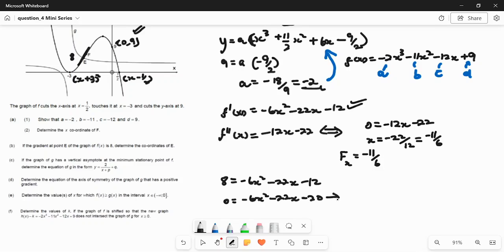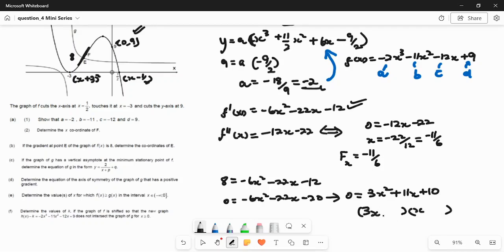Just to simplify this, I'll divide everything by negative 2, so that I make this trinomial easier to factorize. So dividing everything by negative 2, I'll have 3x squared plus 11x, then positive 10.